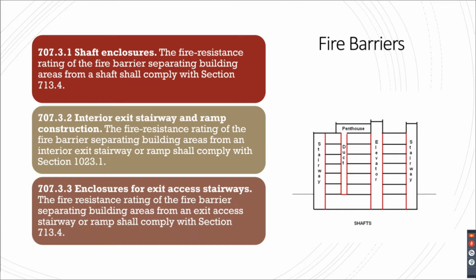And then for interior exit stairways and ramps, construction, go to 1023.1, and then enclosures for exit access stairs, which are completely different things than interior exit stairways and something we don't see too much of course. But if you have those, go to 713.4.